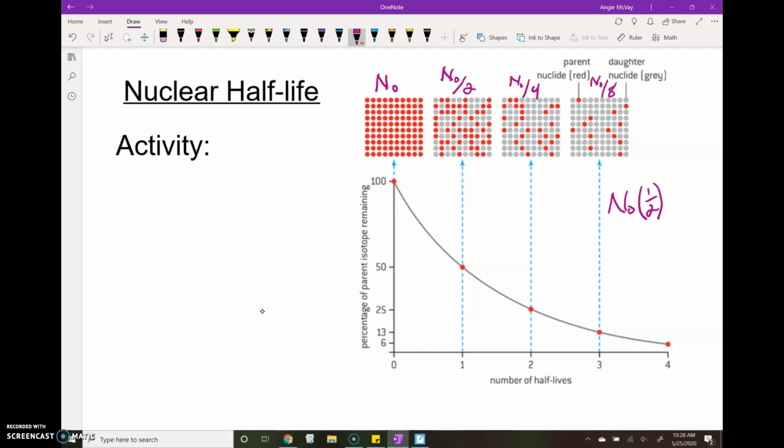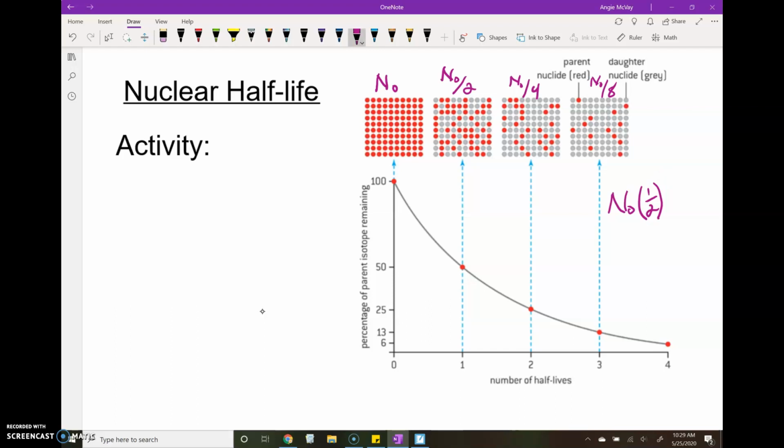And after no half-lives, we would just end up with the number of original parent nuclei. After one half-life, we could take it to the power of 1, and we'd end up with N naught over 2. After 2 half-lives, we'd have N naught times 1/4, and after 3 half-lives, we'd end up with N naught over 8. All right, so that works out.